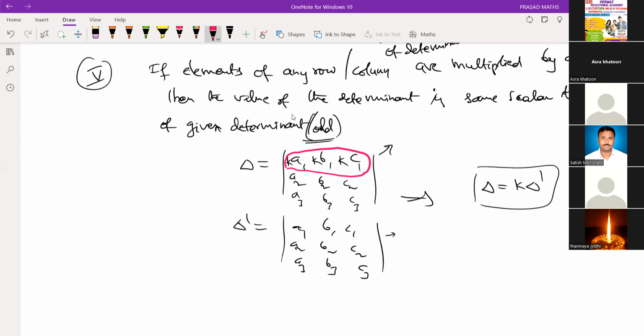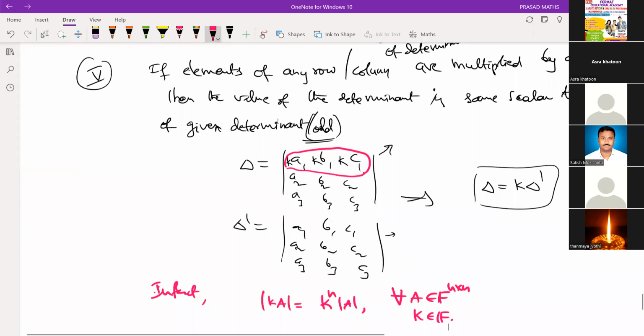Using this result, see k is only in the first row. Suppose k is in all rows. What you observe? Therefore, det of k A is equal to k power n into det A, whenever A is any square matrix whose order is n by n, and you can take any scalar. Understand? What is k A?